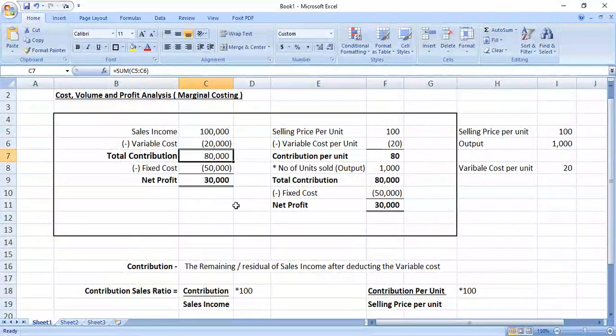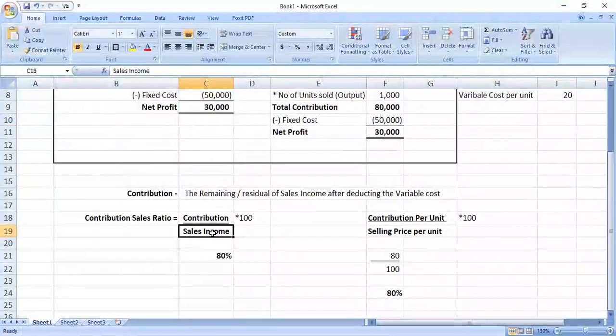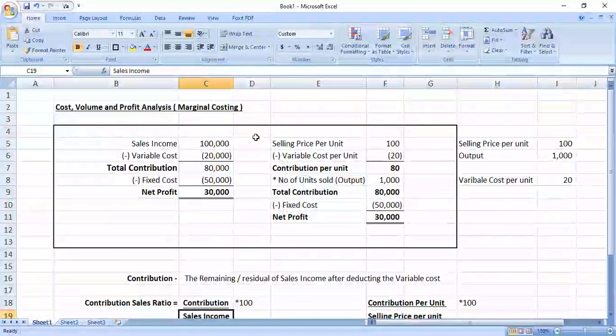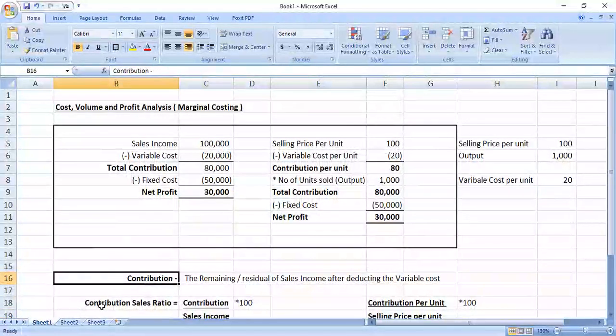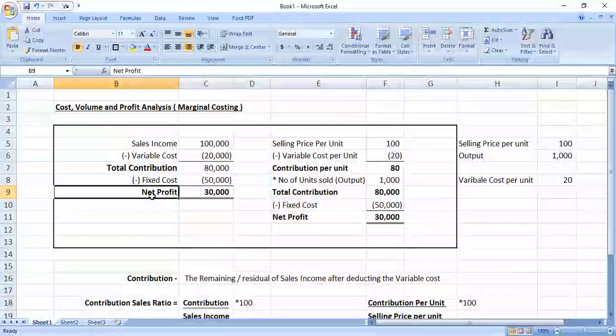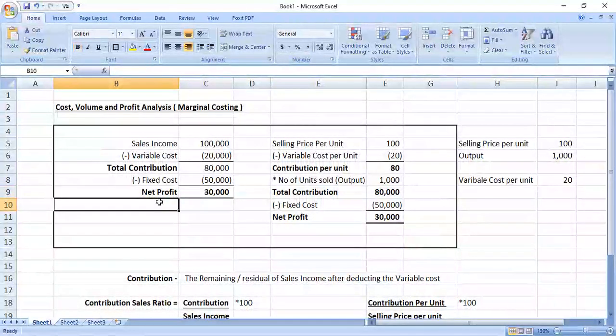So if your contribution is 80% of your sales income, your variable cost is 20%, which is actually 20,000. So the main thing is the contribution and the contribution sales ratio, and you know how to calculate the net profit: you first get the contribution and then you deduct the fixed cost.